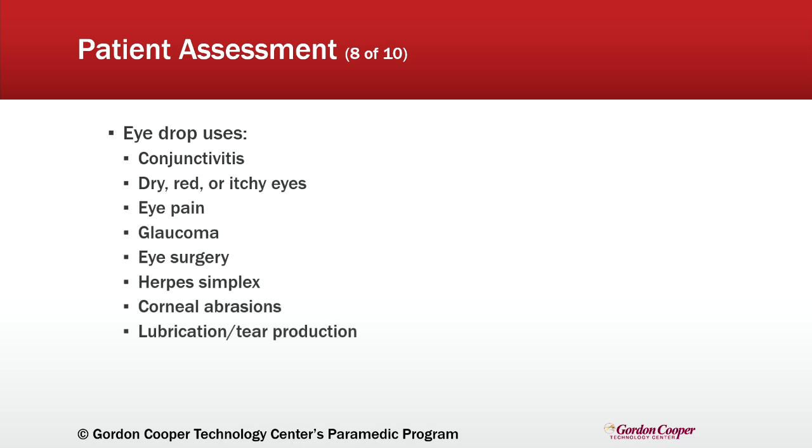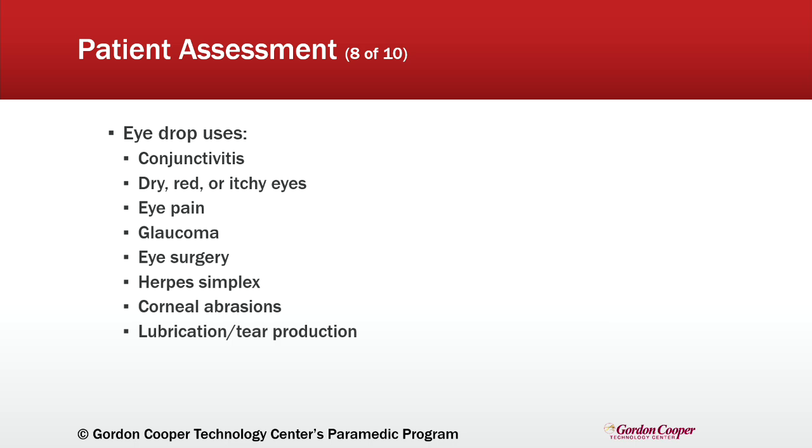Eye drops are commonly used for things like conjunctivitis, red, dry, itchy eyes, sometimes pain relief. It is a form of glaucoma management. It can be used to aid recovery after an eye surgery. It's used for treating infections of the eye like herpes simplex, corneal abrasions, and it may just be used for lubricating or promoting tear production to keep the eye moist.